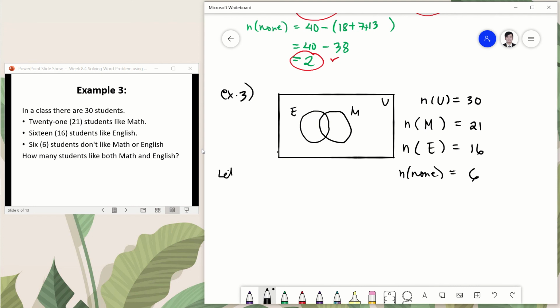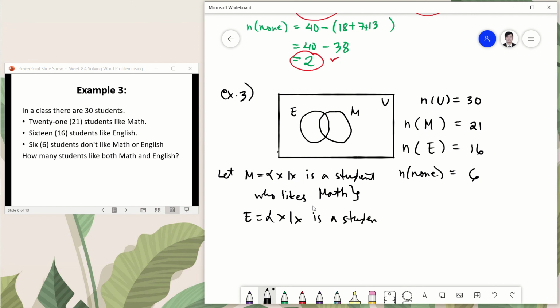So we say let M contain the elements x such that x is a student who likes math, because we're talking about M. And E is the number of students based on the survey who like English.